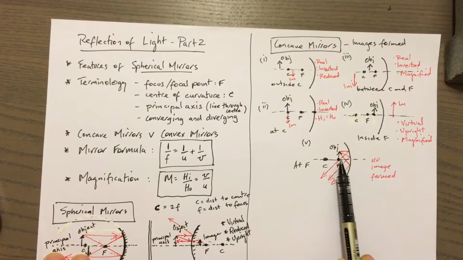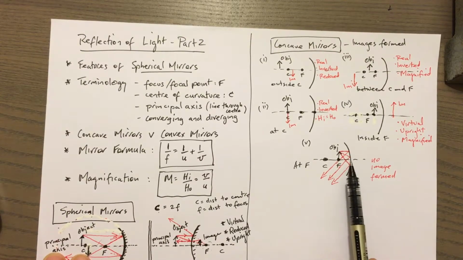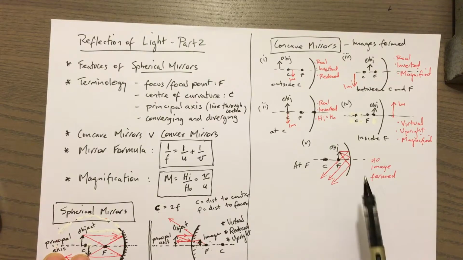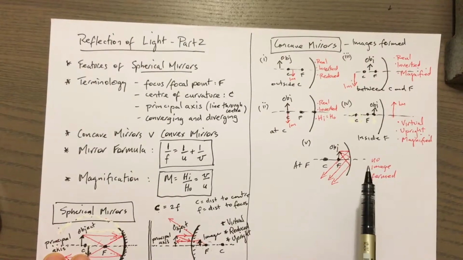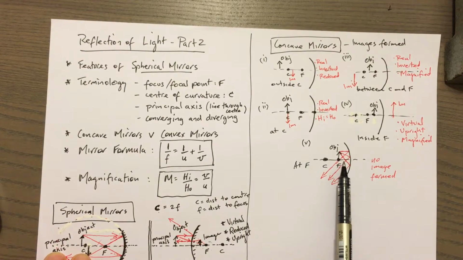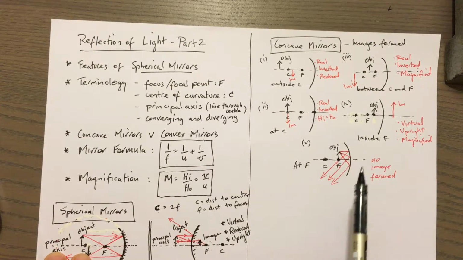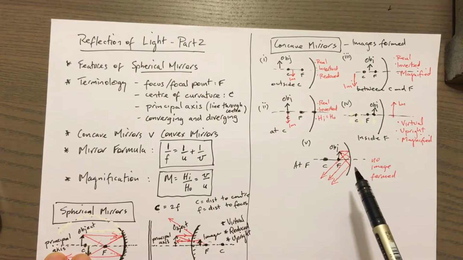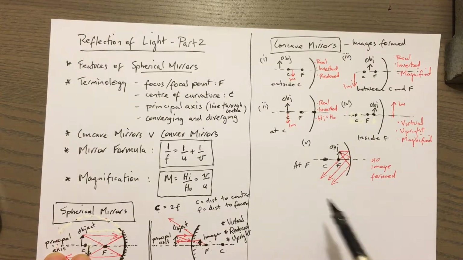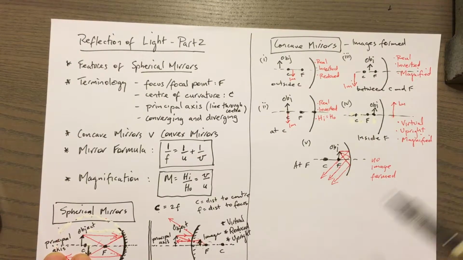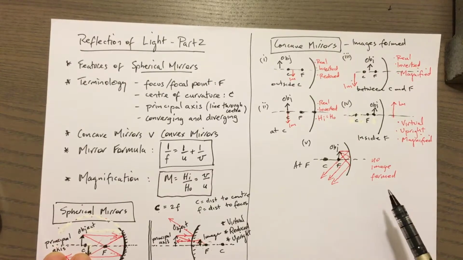In practice, if you're looking through a telescope at an object like a star that is really a long distance away, to the point where it's approximately an infinite distance away, we find that the image that is formed will be formed at the focal point.